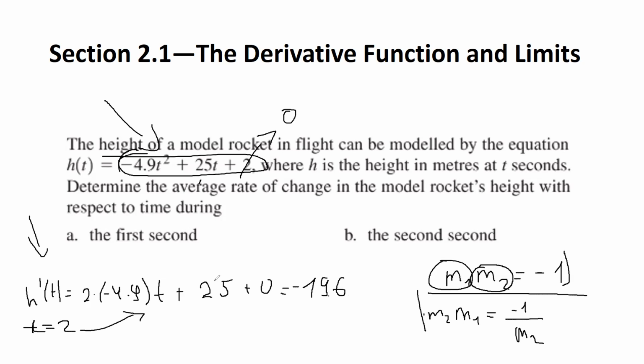Can you double check it? 4.9 negative times 4. Yeah, it's negative that, and then it'll be plus 25. So 5.4. The answer would be positive 5.4.